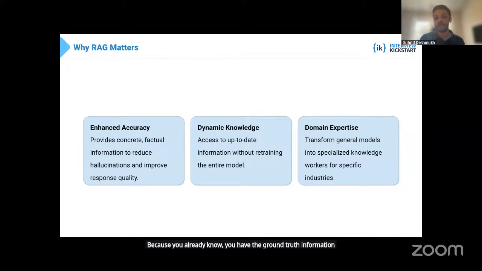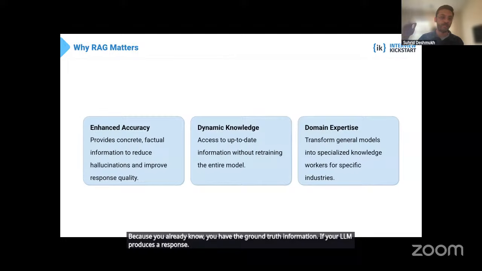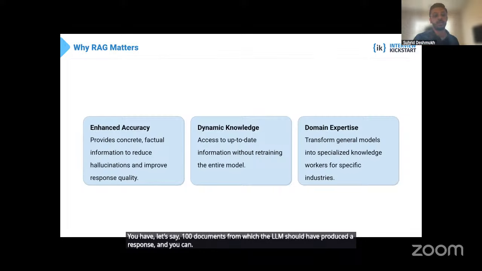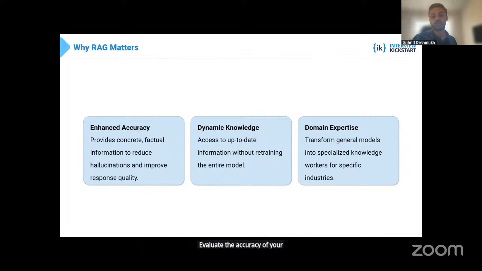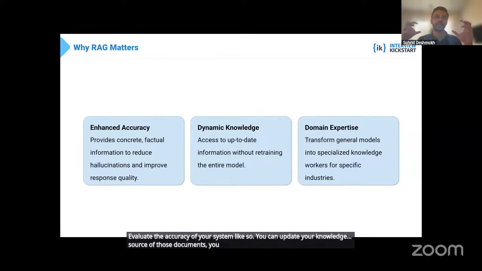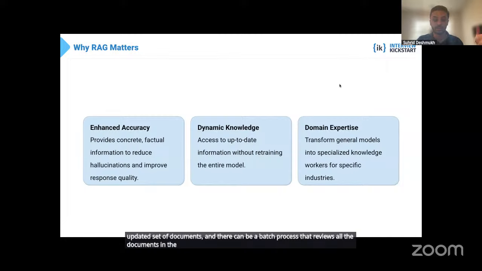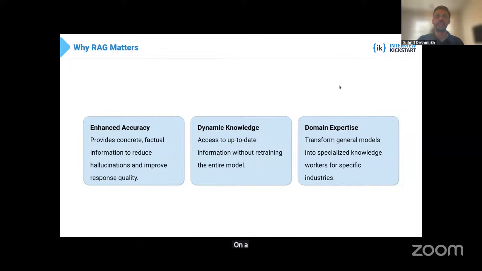If your LLM produces a response, you have, let's say, 100 documents from which the LLM should have produced it, and you can evaluate the accuracy of your system like so. You can update your knowledge or the source of those documents. You can create an updated set of documents, and there can be a batch process that reviews all the documents in the vector store that the RAG is querying from on a weekly or daily basis so that your knowledge is maintained.